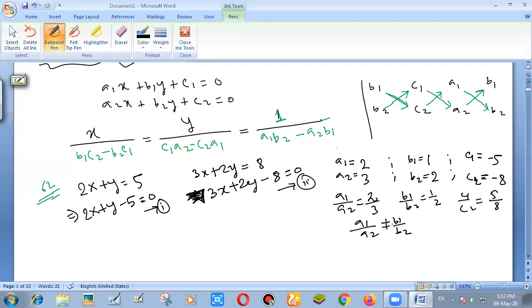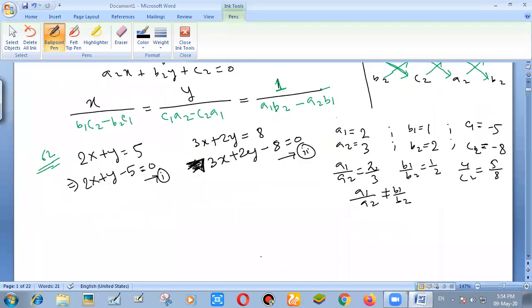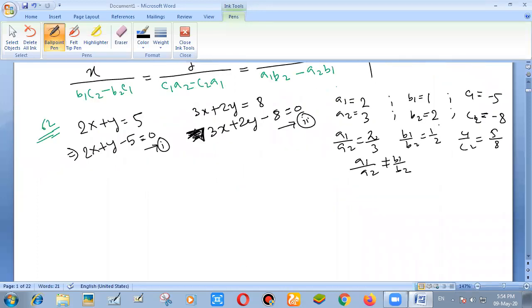Yes or no? Consistent pair of linear equations. So write down, these two pairs of linear equations are consistent, and they have a unique solution.